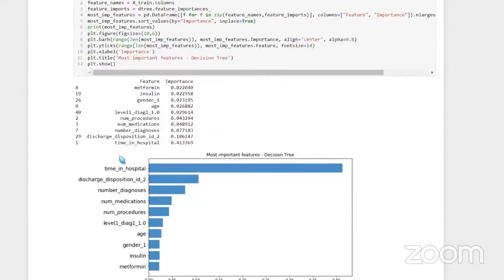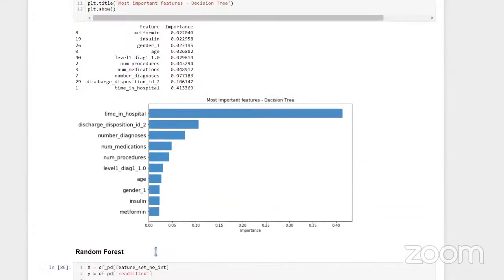We also took a look at various features. Time in hospital was the most important feature for the decision tree model, followed by discharge disposition ID 2, number of diagnoses, total number of medications, and total number of procedures. So these features were all important.